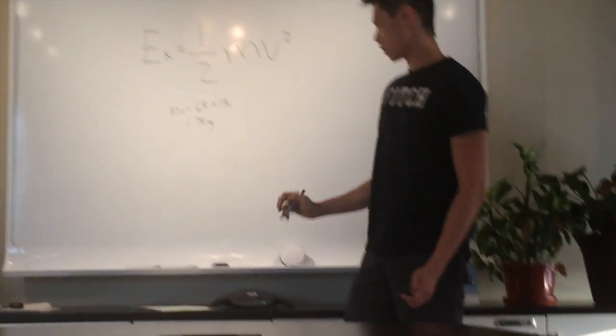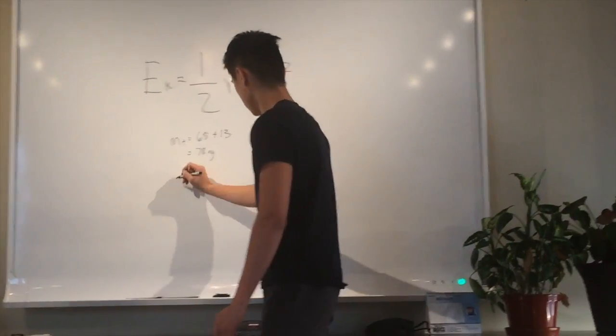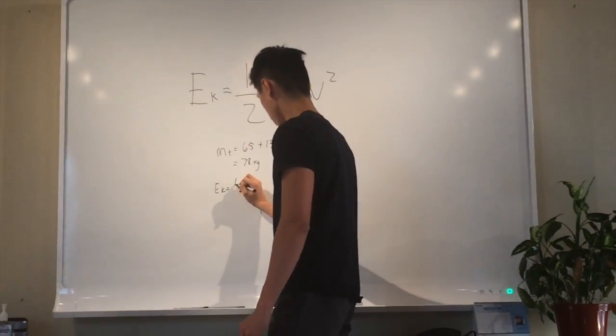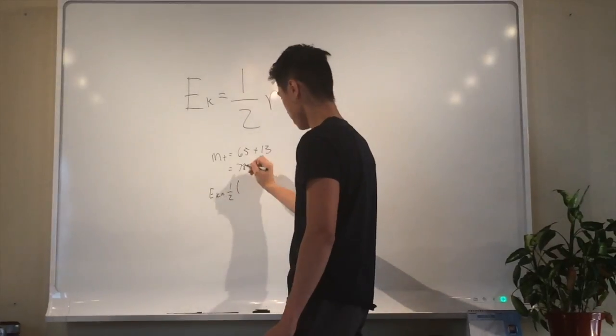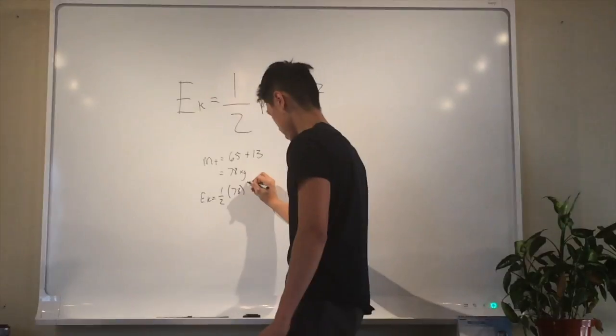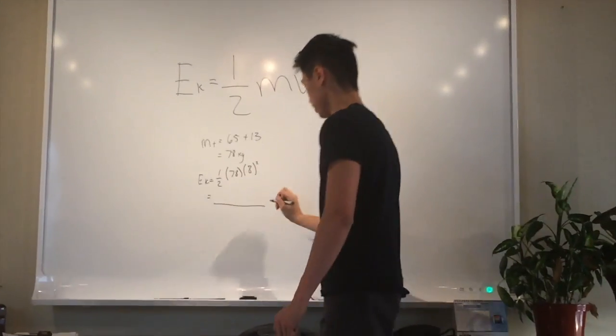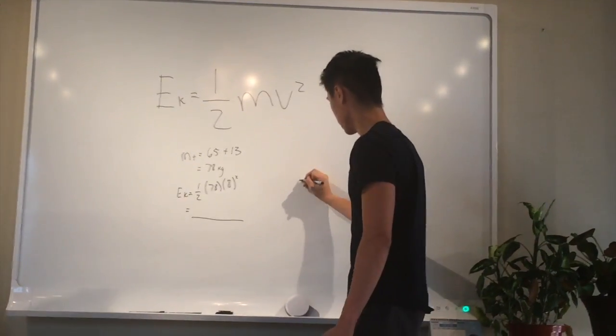And now we can just plug and chug. So at event 2, EK equals 1/2 times the total mass times 8 for velocity squared. And for event 1, it's the same thing.